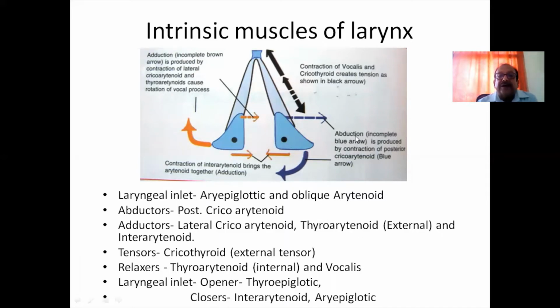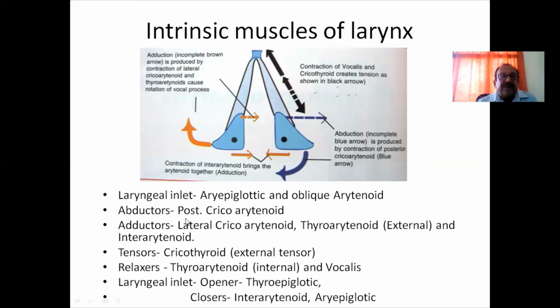For abduction, the posterior cricoarytenoid, it moves in this direction, and this displaces the muscular process of arytenoid, the vocal process of arytenoid into the abducted position, hence opening the laryngeal inlet.